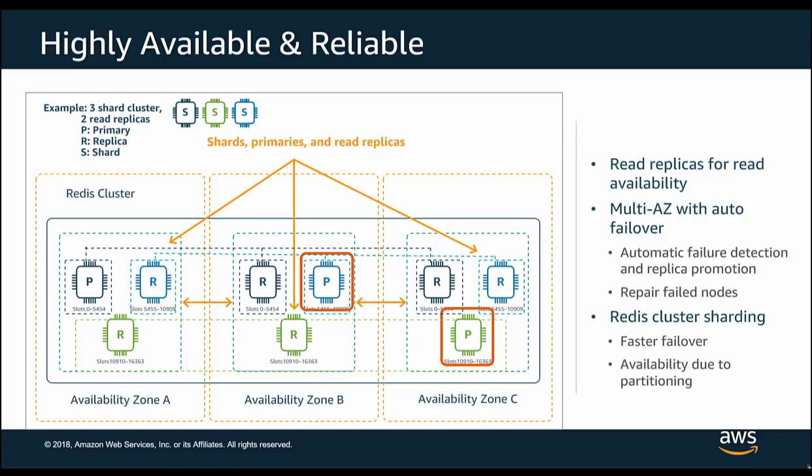Multi-AZ with auto failover. So again, for high availability, you can configure your ElastiCache cluster so that in the event of a failure, we will automatically fail over into a different availability zone and continue to run your cluster and keep it online. We can repair failed nodes automatically as well. Redis cluster sharding allows for faster failover and availability due to partitioning.